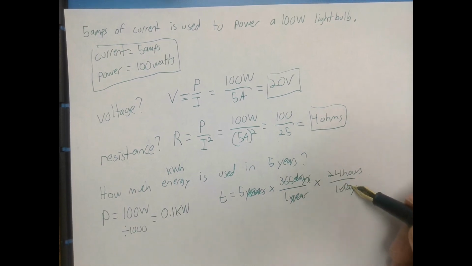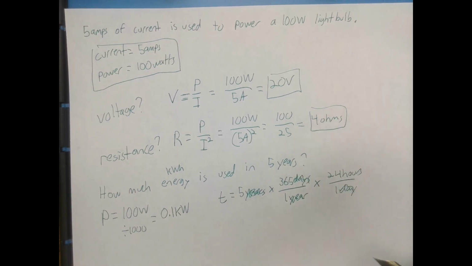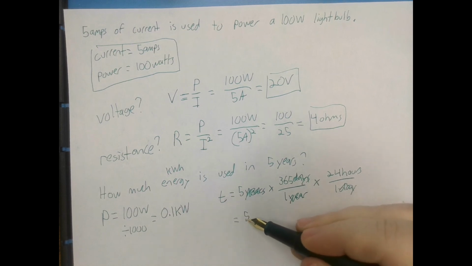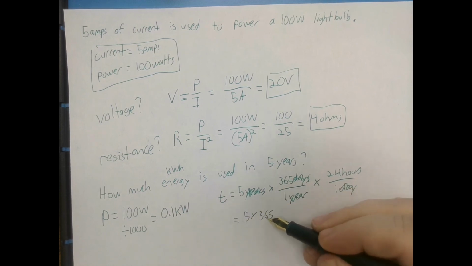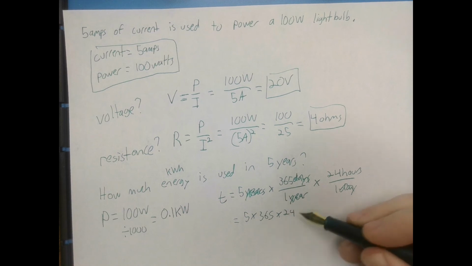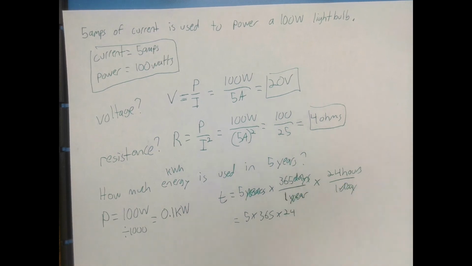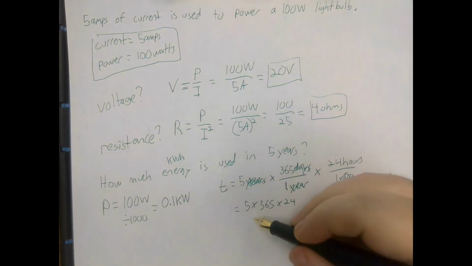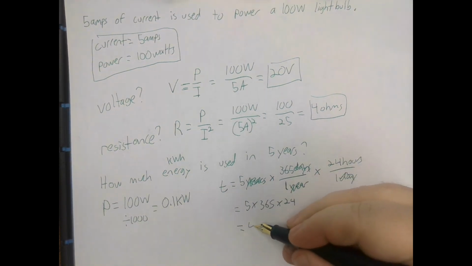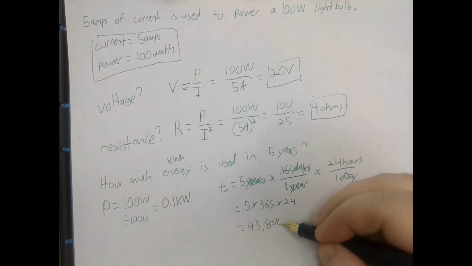Days cancel out, and now I'm in hours because that's the only unit left. So that's 5 times 365 times 24. Dividing by 1 doesn't do anything, so I usually leave it off. That's 43,800 hours.